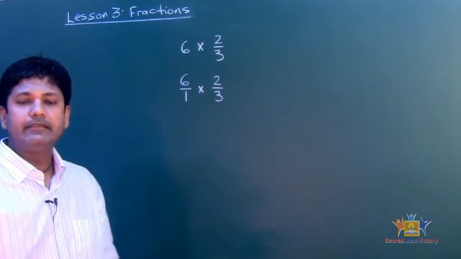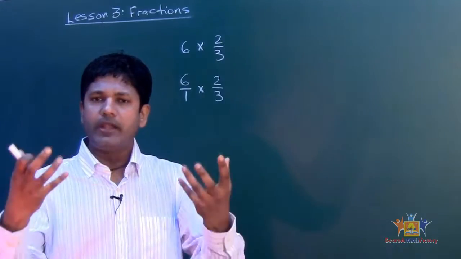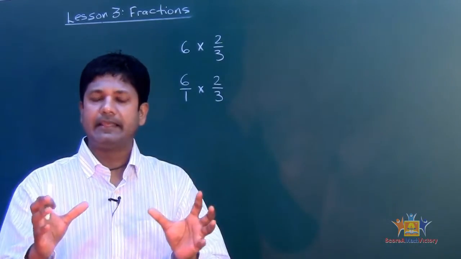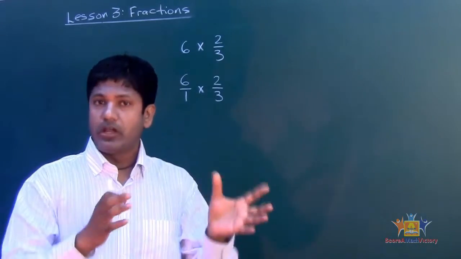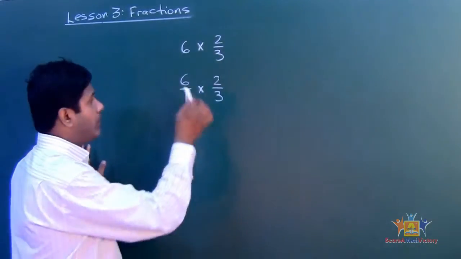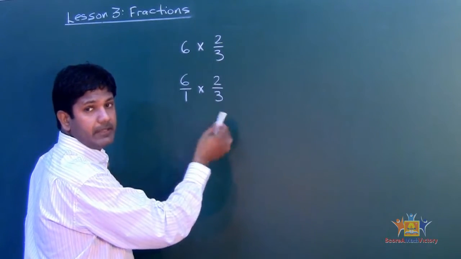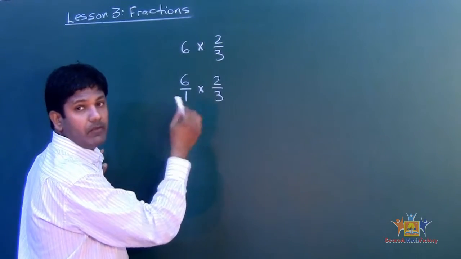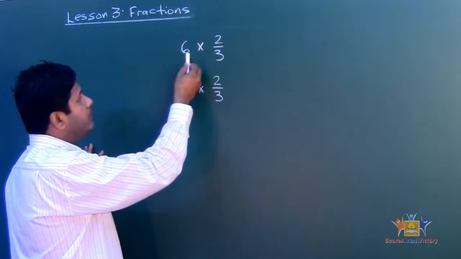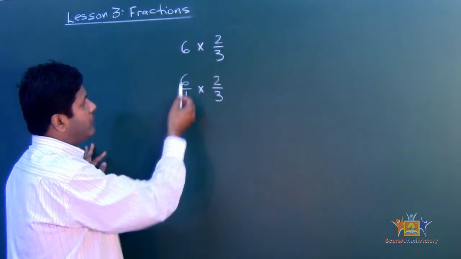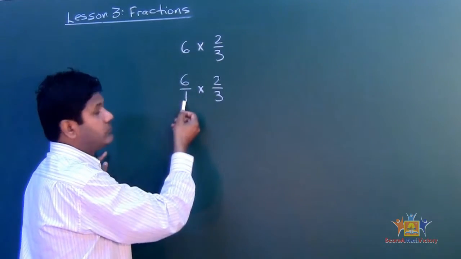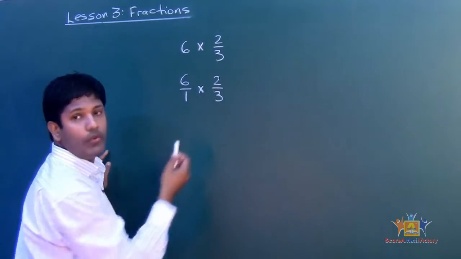So the key is, when you multiply, you want to have two fractions. Whenever you multiply with fractions, both sides of that multiplication have to be in the form of a fraction. In this case it was a whole number and a fraction, that's why we converted the whole number into a fraction, which becomes 6 over 1 times 2 over 3.